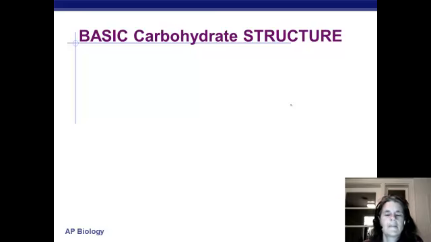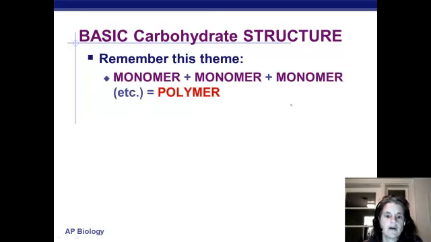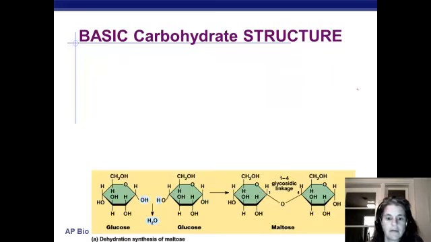All right, the basic structure of a carbohydrate. First thing we need to do is remember what we learned about the basic structure of most organic molecules, and it's this theme, this idea of a monomer plus a monomer plus a monomer gives us a polymer. So small building block plus small building block plus small building block is going to give us a big long compound.